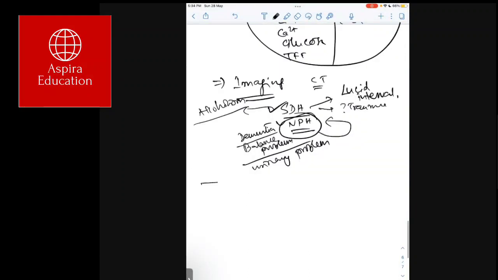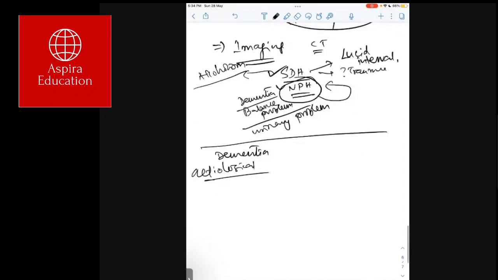Once these things are done and dementia is confirmed, then we have to look for the etiological diagnosis, or etiological approach to dementia. So what are the causes? Most common cause I have mentioned, that is Alzheimer's. After that, we have multi-infarct dementia and Lewy body dementia.